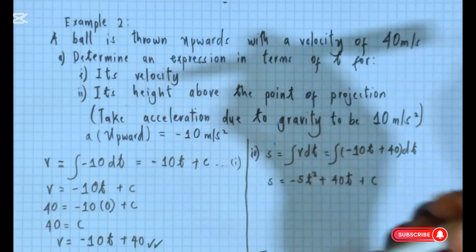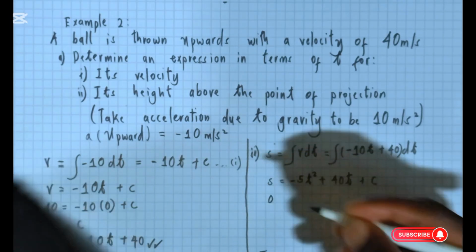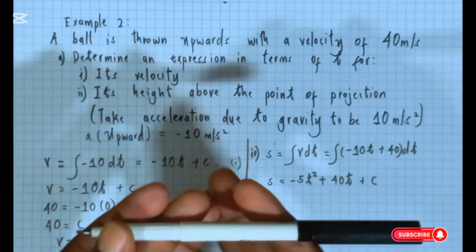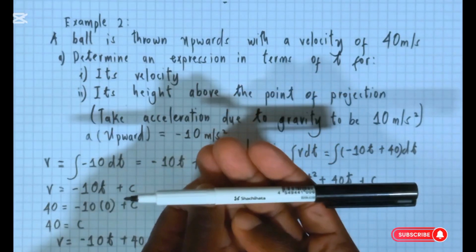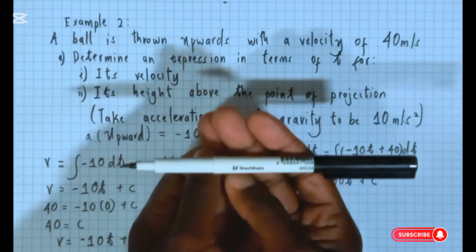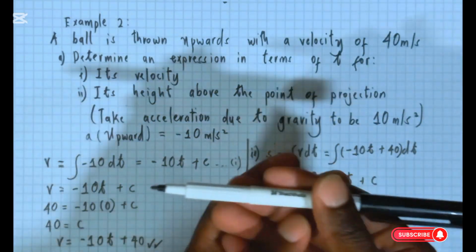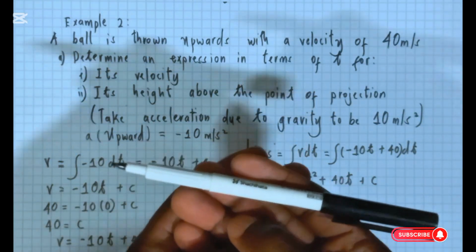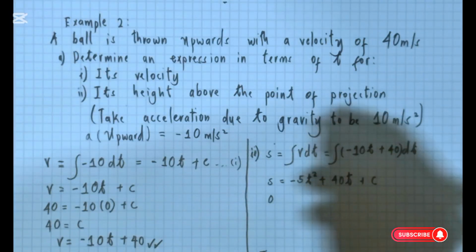The value of s there will be 0. And also note, at that point, how much time has been counted already? 0. Time hasn't moved yet, because time starts counting immediately the ball leaves and starts traveling upward. So at that time, time is also equal to 0.